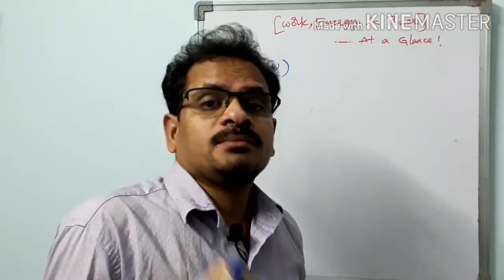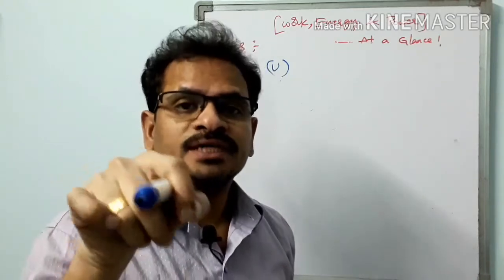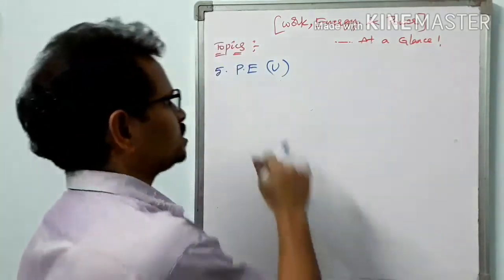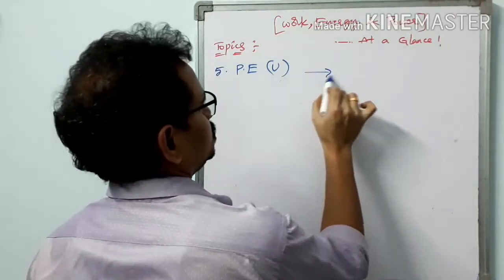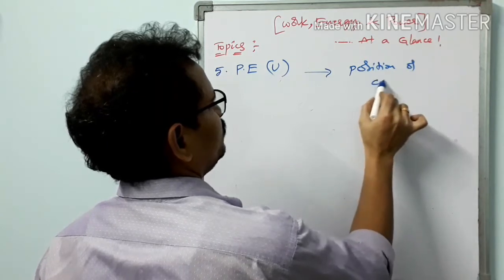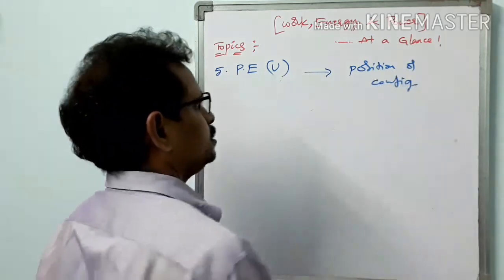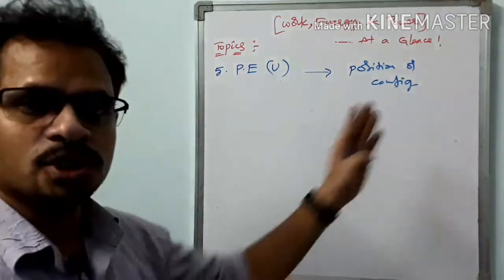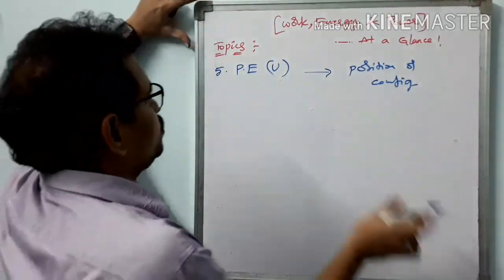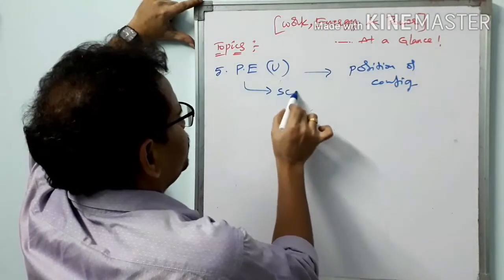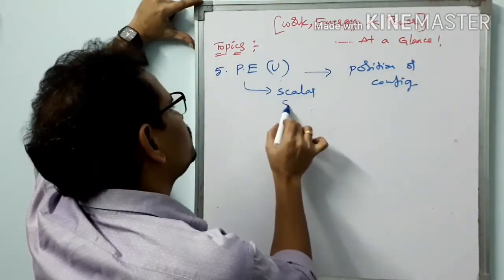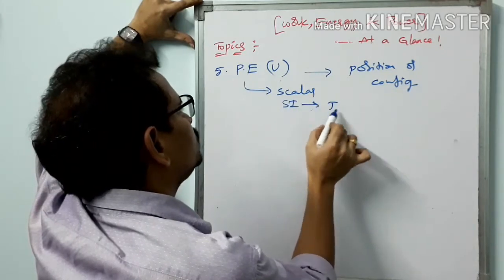The energy possessed by a body by virtue of its position or configuration is known as potential energy. Potential energy is a scalar quantity. All energies are scalar quantities only, and its SI unit is joule.